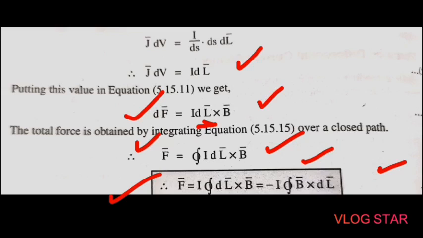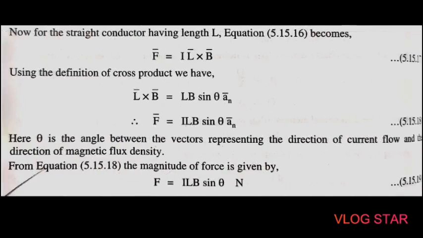Okay, so here we can also write this F bar is equal to I L bar cross B bar. We have to take the cross product of L bar cross B bar, so we'll get L bar cross B bar is equal to L B sin theta into AN bar. So that's why the equation becomes F bar is equal to I L B sin theta AN bar.